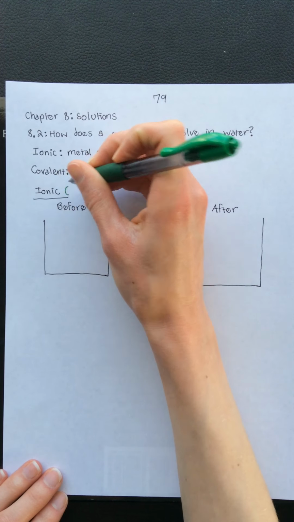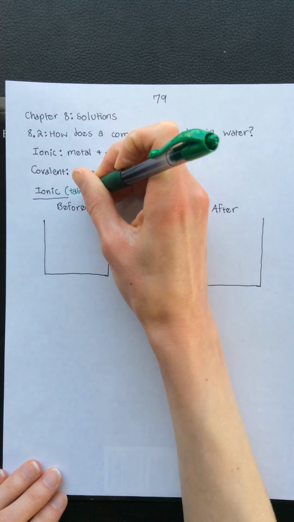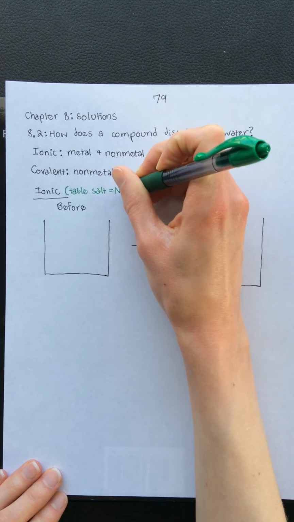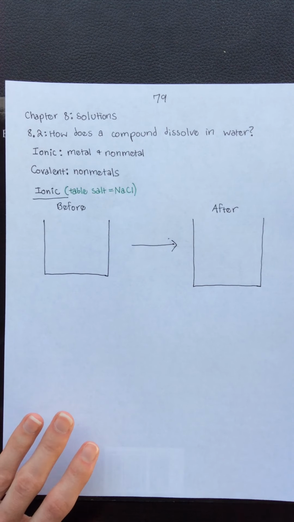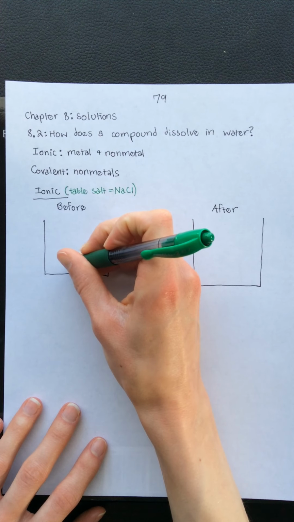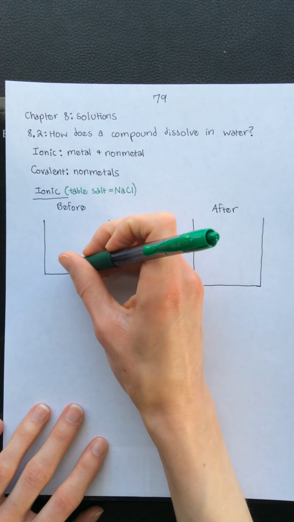So table salt is NaCl. We've talked a little bit about NaCl before, and we are going to draw it in its crystal structure form.